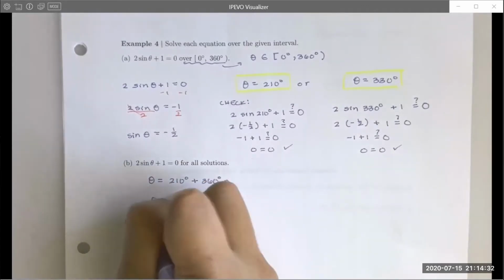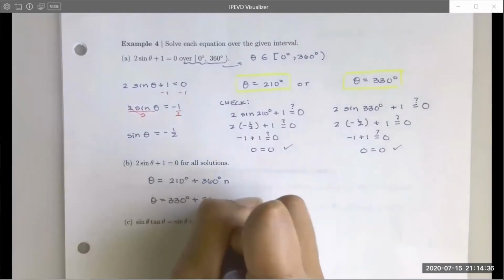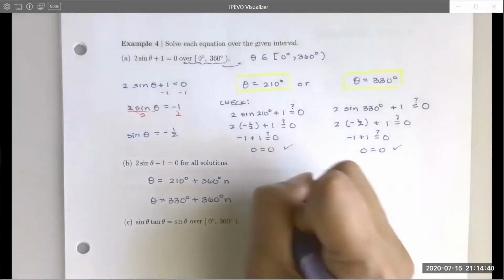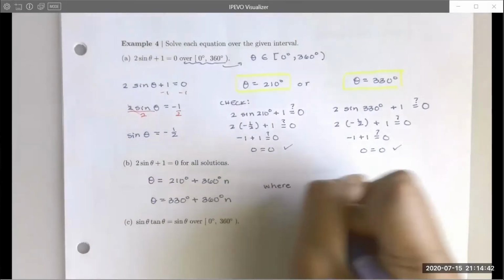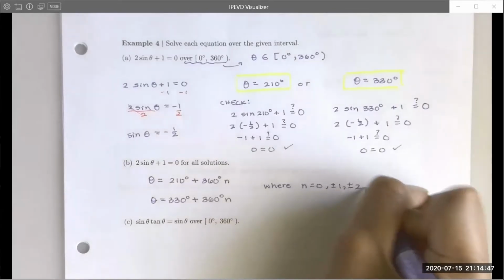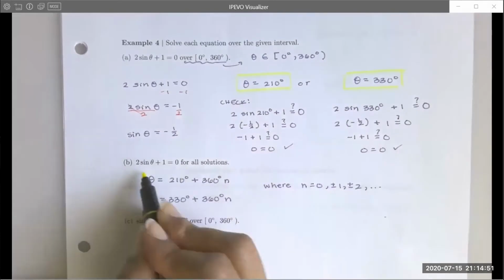Same thing with 330. Any angle that is coterminal to 330 will have the form 330 plus 360n, where n can be any integer, right? Where n could be 0, plus or minus 1, plus or minus 2, any integer. Those would be all the solutions.